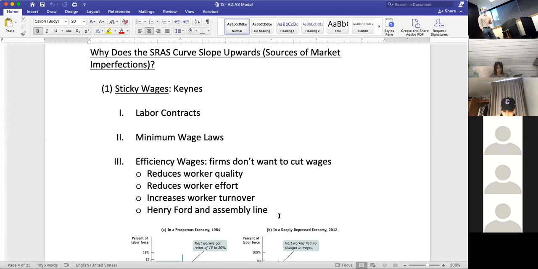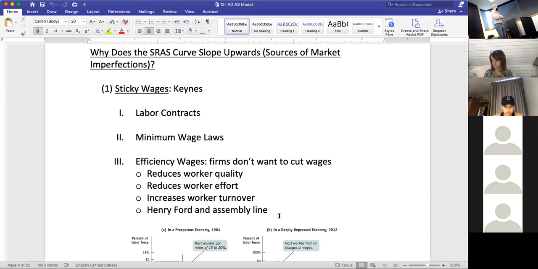But the third reason here, and if you want to pick one out that I think is the most persuasive, it's this. The idea of what economists call efficiency wages. What is an efficiency wage? Okay, so this is a different idea.